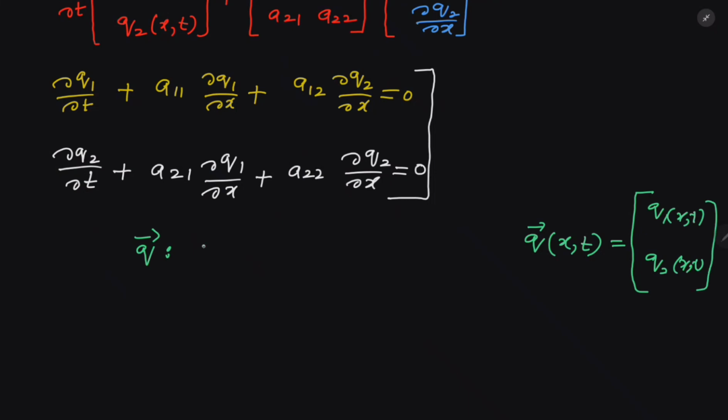So this can be written as x belonging to the real numbers R, and t belonging to R, so R cross R, and the output will be, in this case, R squared, since we have two elements over here.